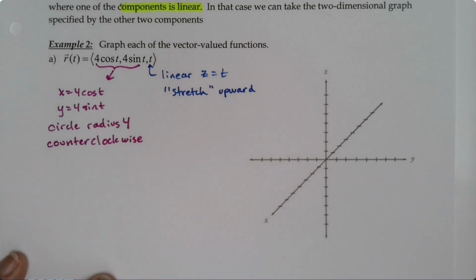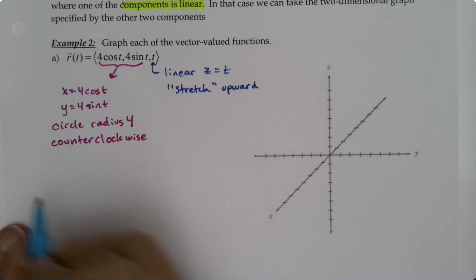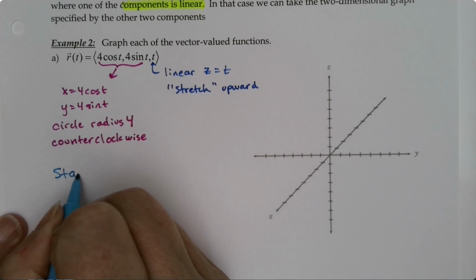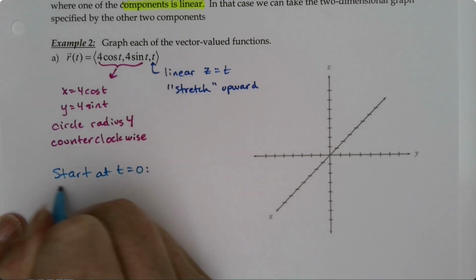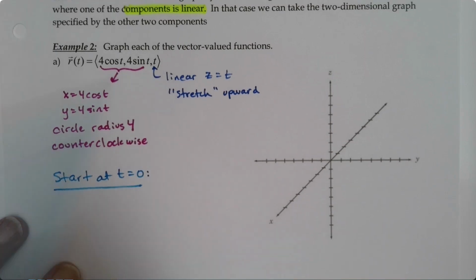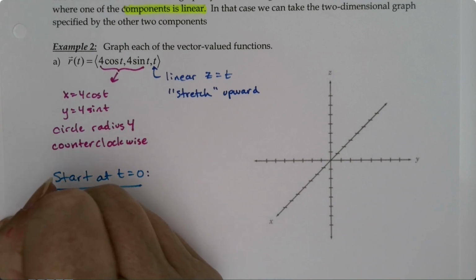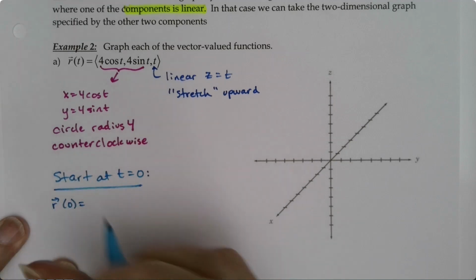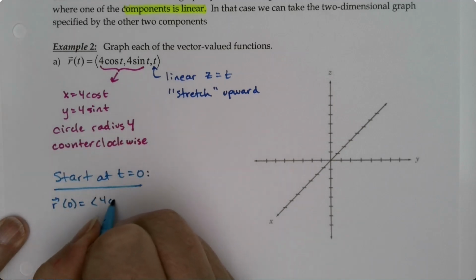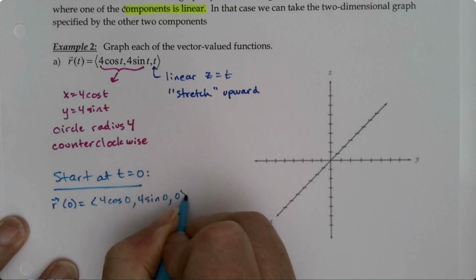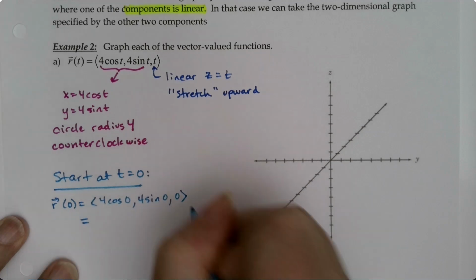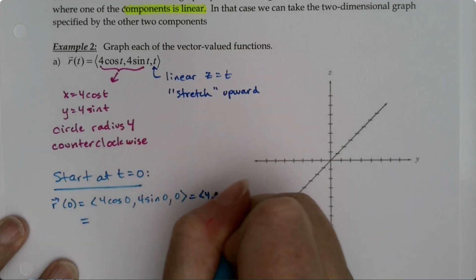So let's think about where it's going to start at t equals 0. Now, it actually doesn't start, if you will, at t equals 0, but I'm just going to give myself a starting point at t equals 0. There's no restriction on my domain here, so I can do whatever I want. r of 0 would be 4 cosine of 0, 4 sine of 0, 0, which would be 4, 0, 0.